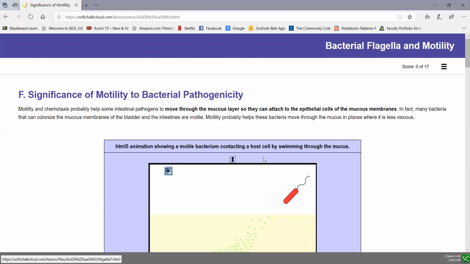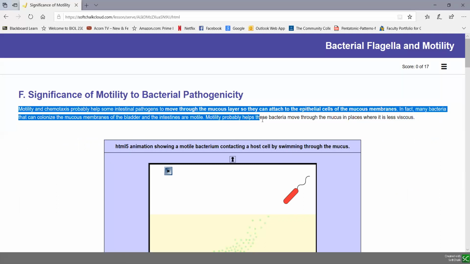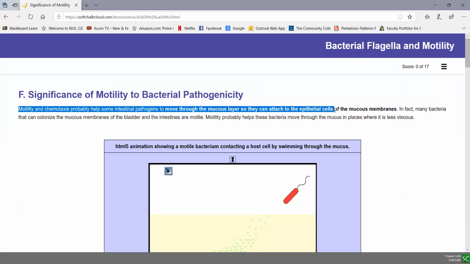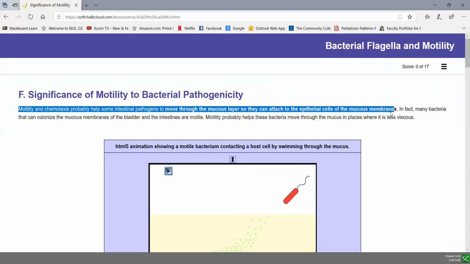Now let's look at the significance of motility to bacterial pathogenicity, that is, the ability to colonize and cause disease. First of all, motility and chemotaxis probably help some intestinal pathogens to move through the mucus layer secreted by the mucous membranes, so the bacteria can eventually reach epithelial cells of the mucous membranes, where they can subsequently attach with cell wall adhesins or with pili or with a glycocalyx.